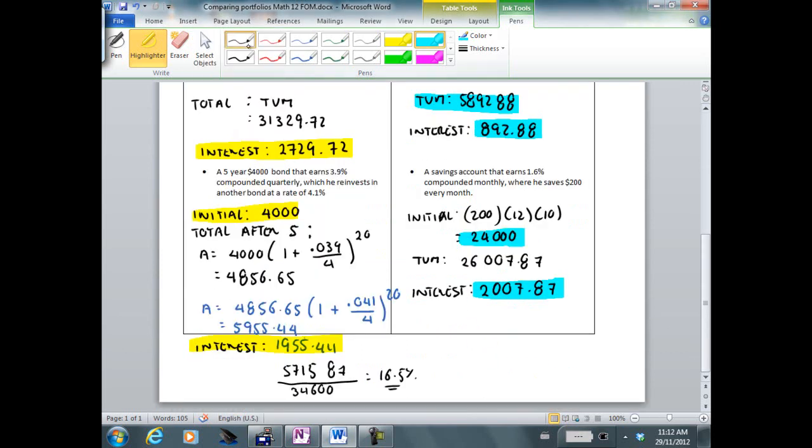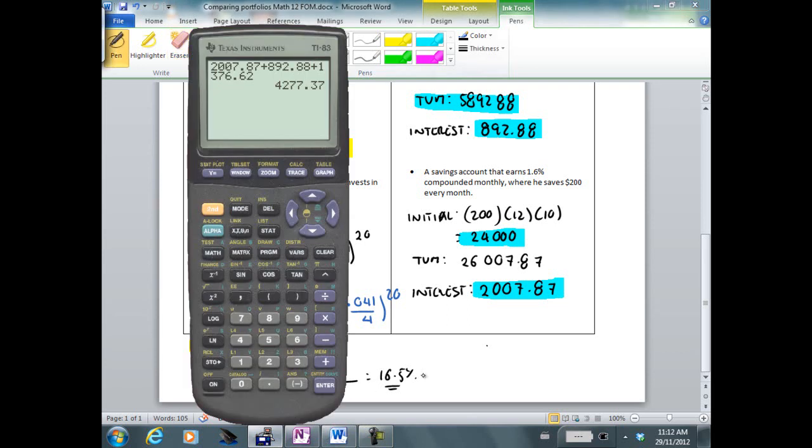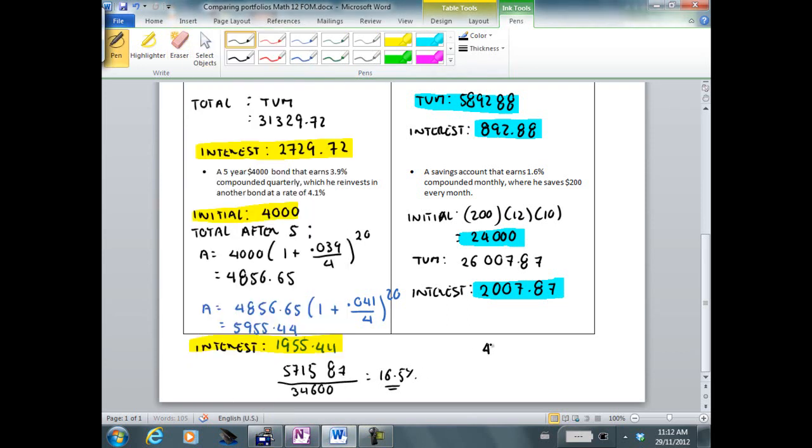So let's write this down. $4,277.37 divided by, what was it? 34,600? Oh, the principal's the same.